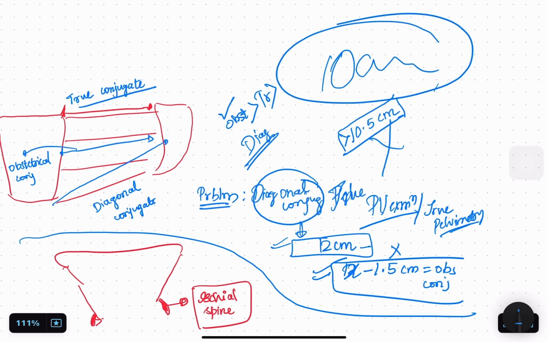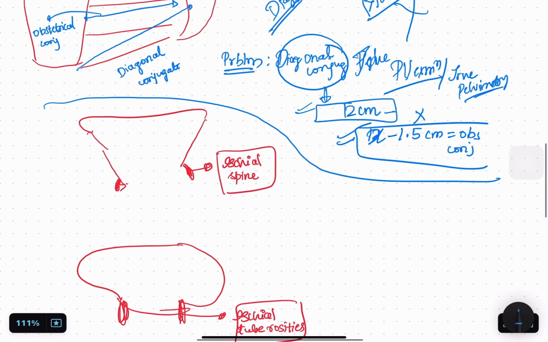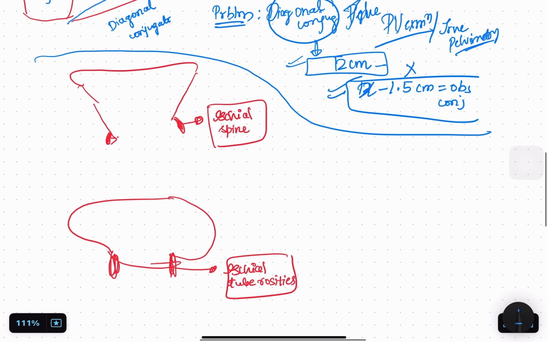Now, for your ischial spine and your ischial tuberosity, again you do a per vaginal and stretch your fingers in the opposite direction, at 180 degrees. Your index and middle finger should be at 180 degrees. If you're unable to touch, then it's very good. That means it's more than 8 centimeters.